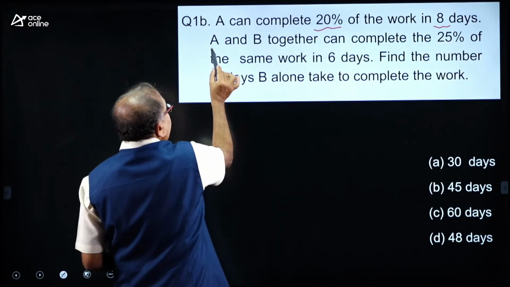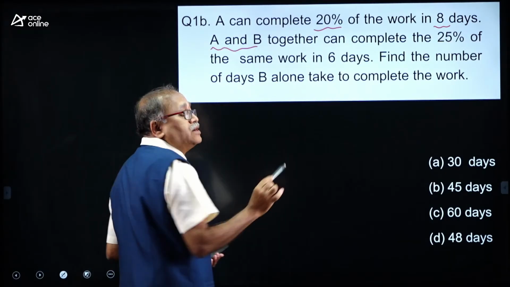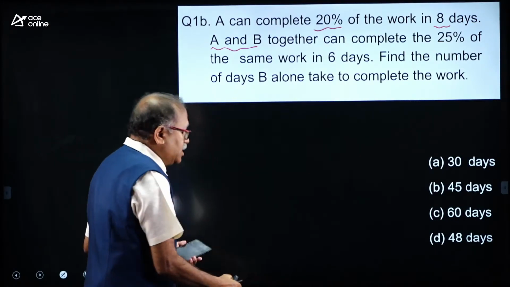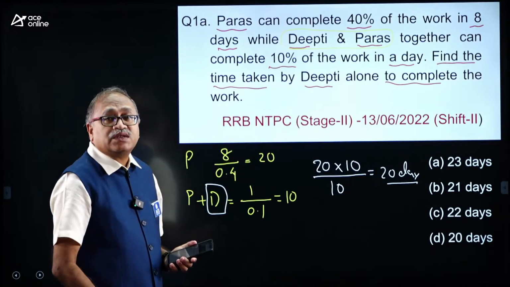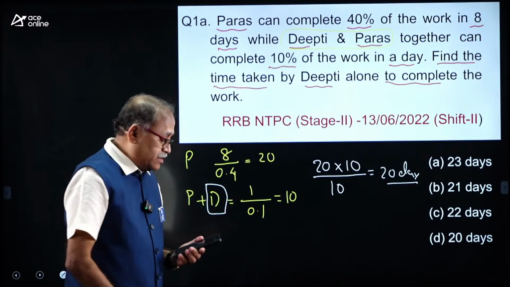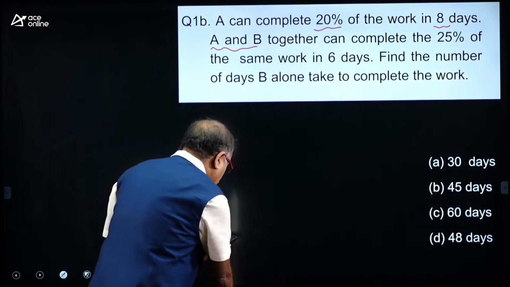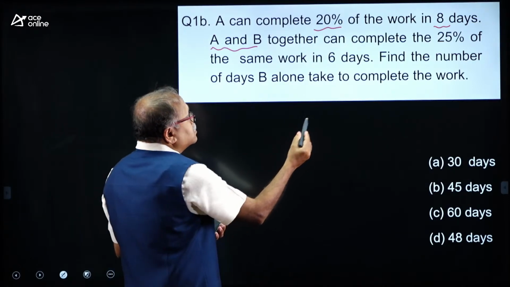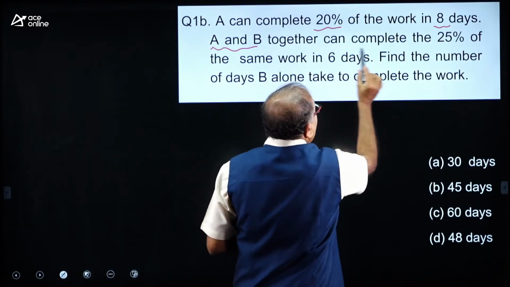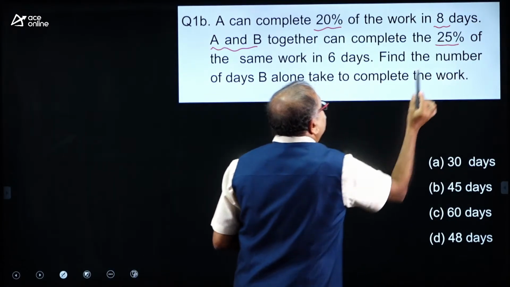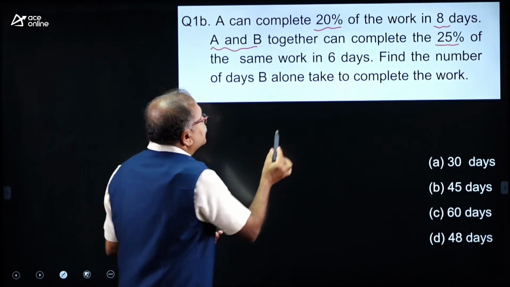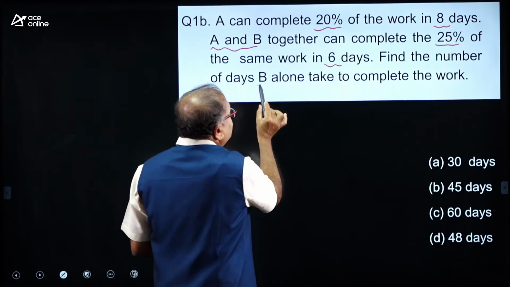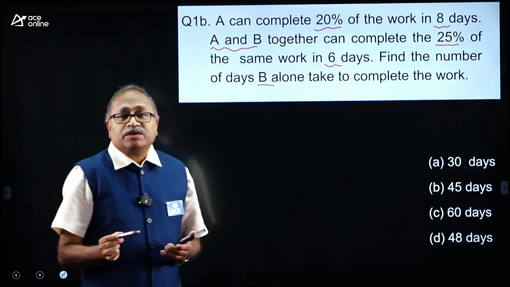And A plus B together, I gave a similar type of question so that you can answer the way I answered it previously with the minimum possible writing. A and B together can complete 25% of the work in 6 days. So find the number of days B alone will take to complete the work.